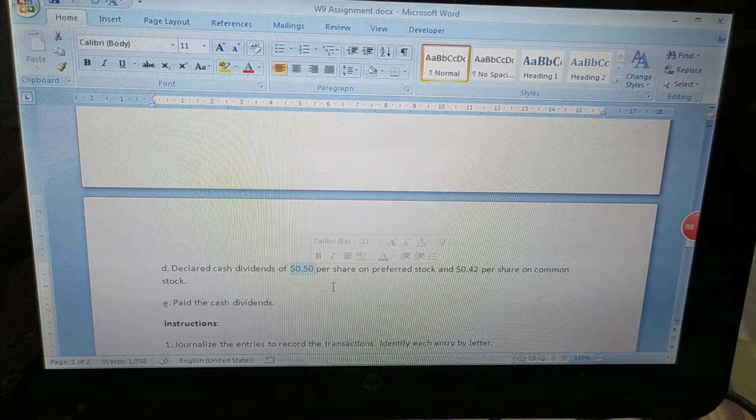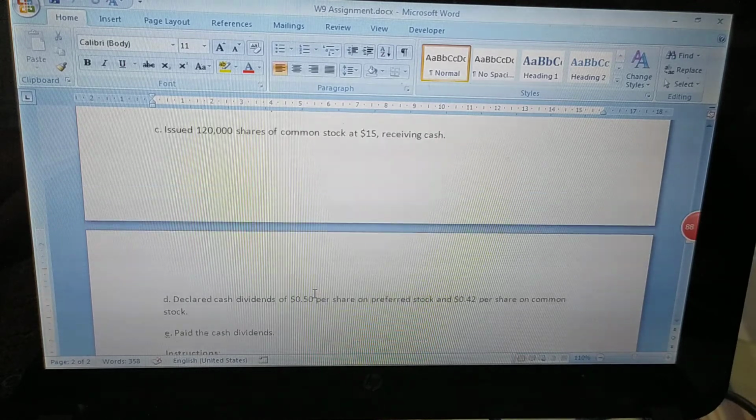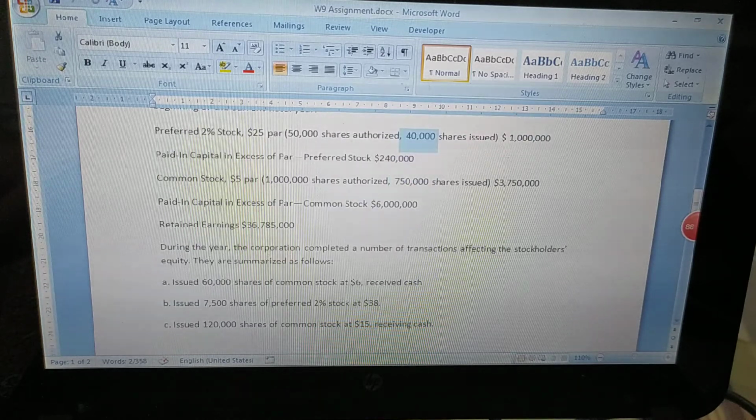The next thing that we need to do is to calculate how many shares have been issued. Remember, this is only the beginning data, and then we have done the journal entries, so of course the shares issued and outstanding have increased.